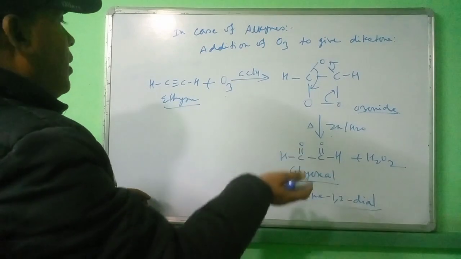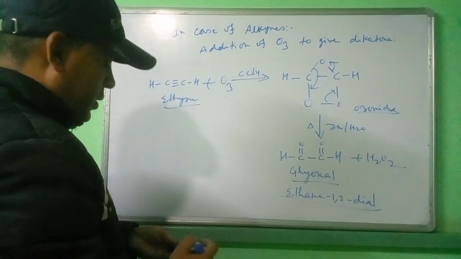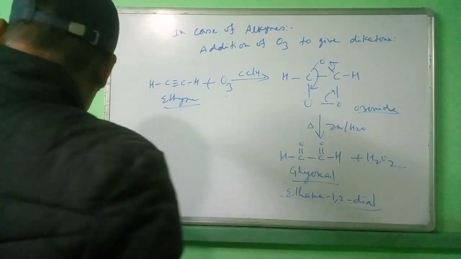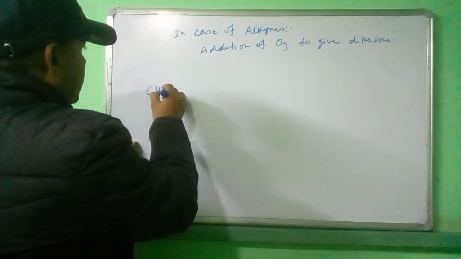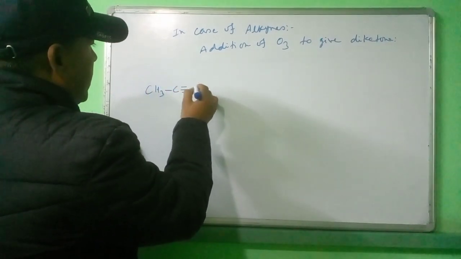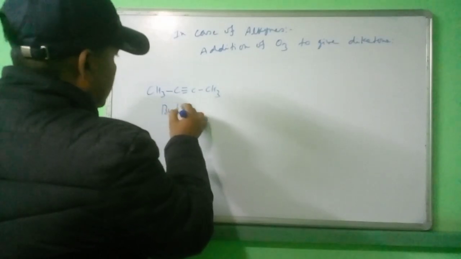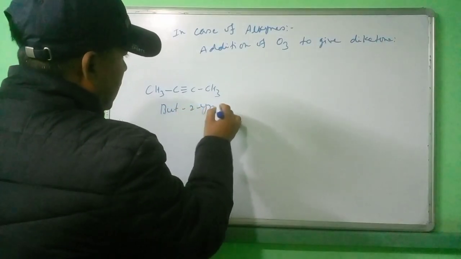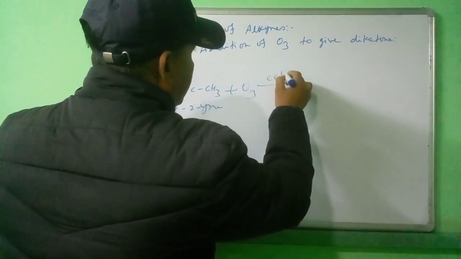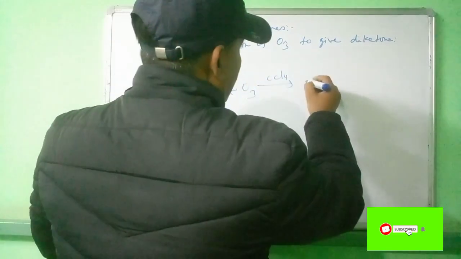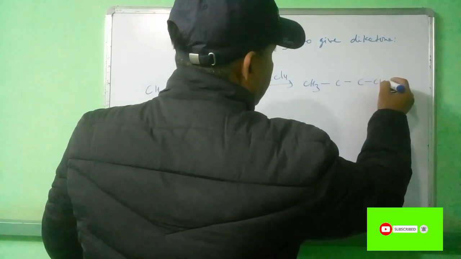Okay, if our alkyne is another one, then what will be the product? Okay, now we can see in the next example. Okay, if the alkyne is like this, CH3, C triple bond C, CH3, so but-2-yne, CCl4, then the ozonide is CH3 C CH3.